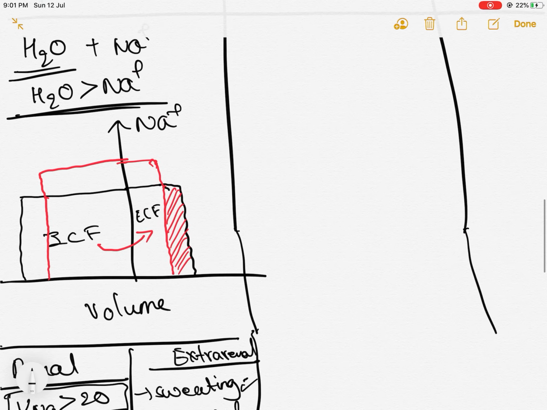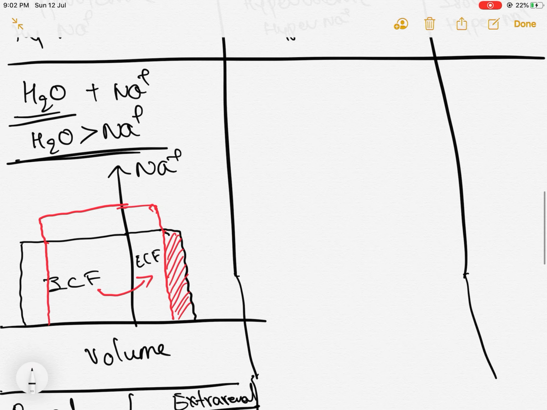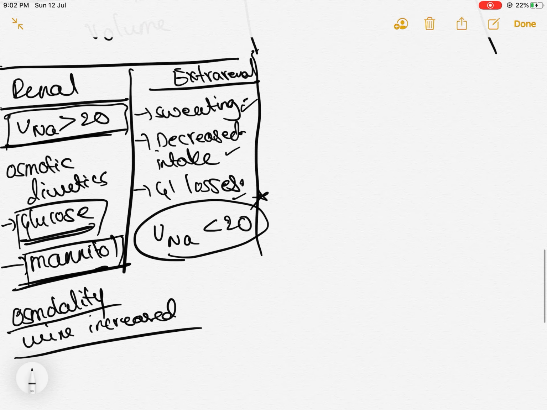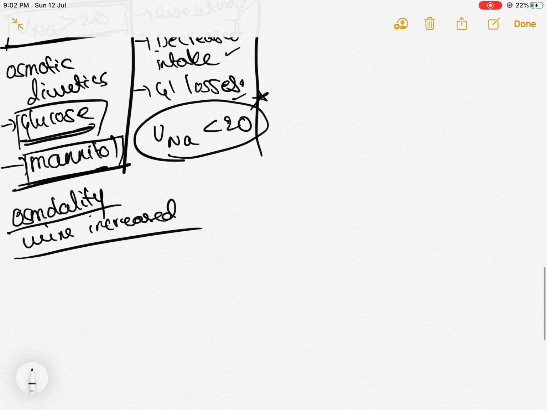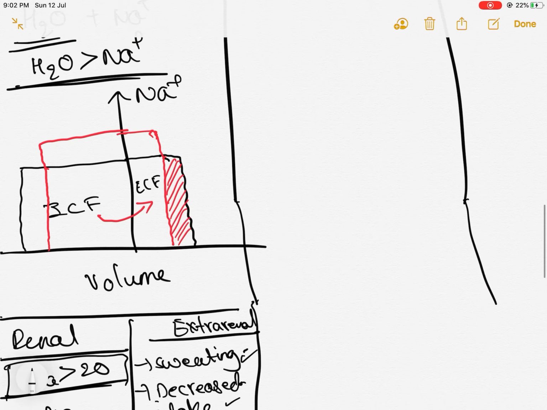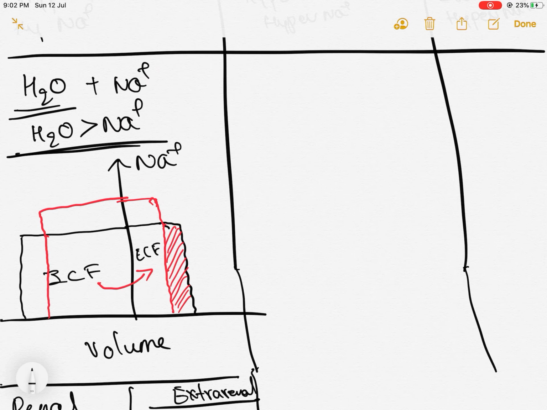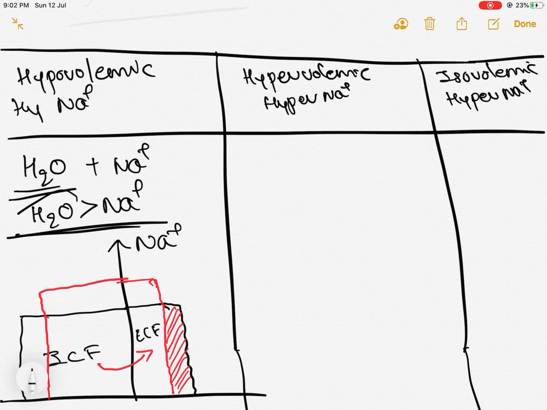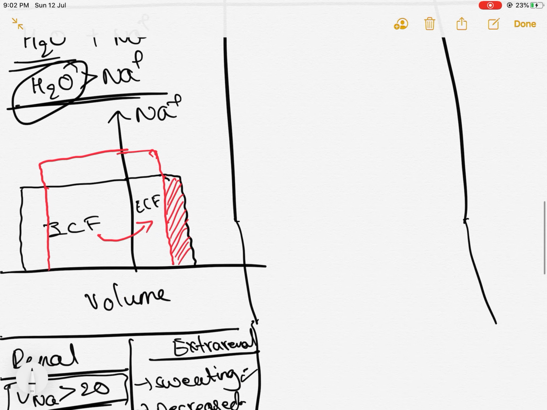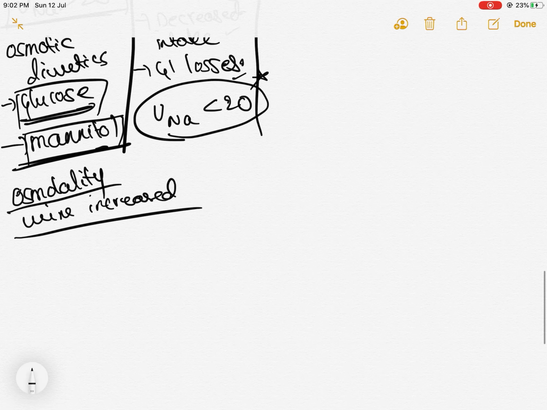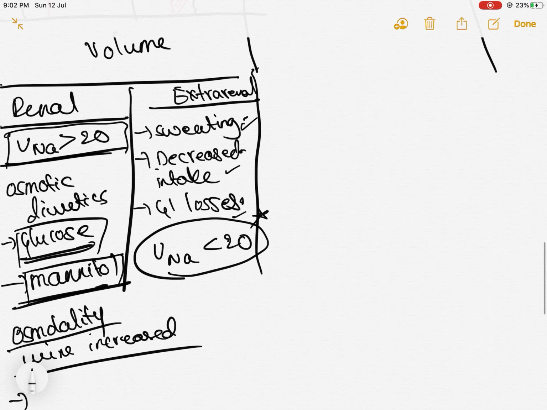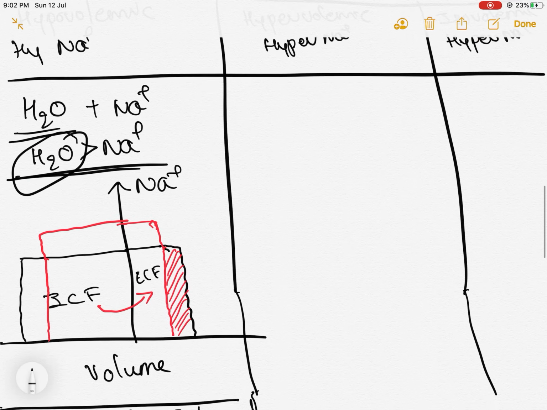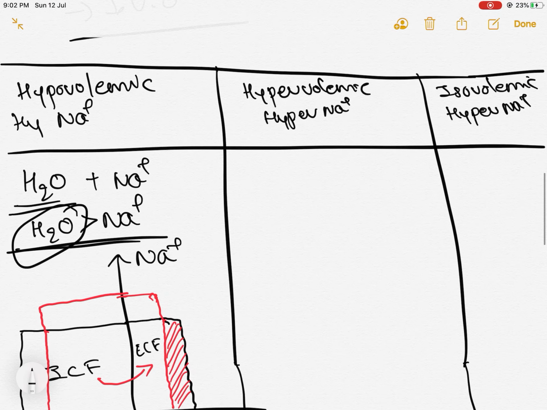So by this we can differentiate hypovolemic hypernatremia and its causes. Now the basic pathophysiology of hypovolemic hypernatremia is loss of water. So how do you correct it is by correcting the fluid deficit. How to correct the fluid deficit we'll talk about once we finish these two types of hypernatremia.